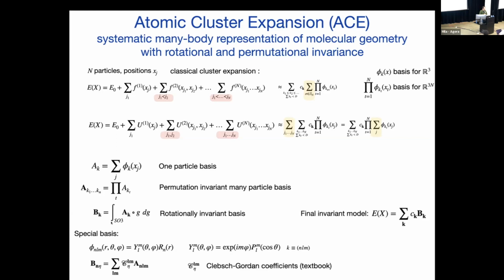Then it turns out that this integral is analytically doable. When you do it analytically, it turns out to be just a linear combination. The B's, the rotational invariant basis, is just a linear combination of the A's, the non-rotational invariant basis functions, with coefficients that are in a very thick textbook that is in every university library. They're called the Clebsch-Gordan coefficients. That's it.